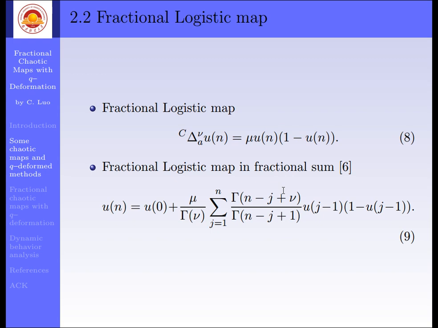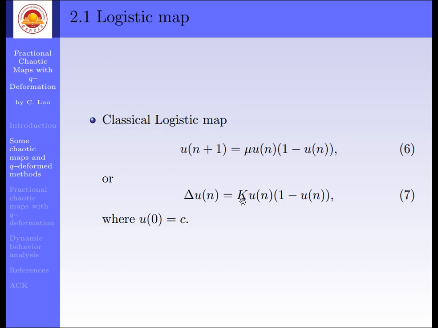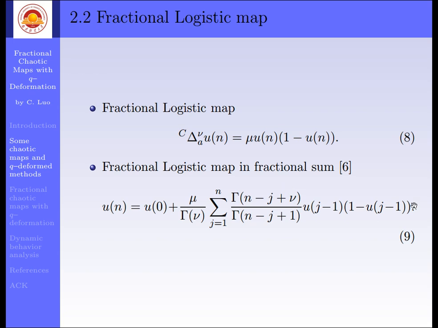As a result, the memory effect of the discrete map means that the present state of the evolution depends on all past states. We can see for a equal to 0 and nu equal to 1, the discrete logistic map 8 can be reduced to the classical one. This idea is very valuable.